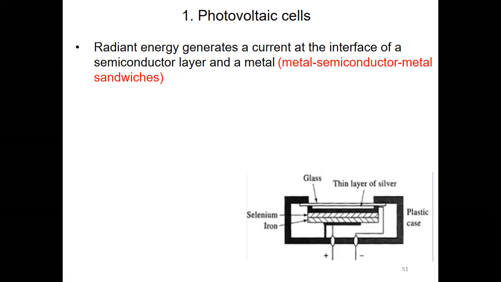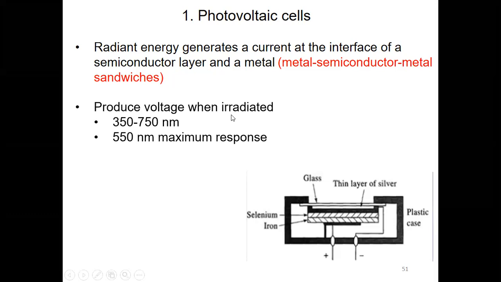So because of the radiation, it generates a current, and then that current will pass to the readout device. That is how the signal generates. So based on the power of the radiation, the signal will be changed. Right? That is simply what's happening in the photovoltaic cells. And when the irradiation happens, it produces voltage, and because of that voltage, then the current will generate.